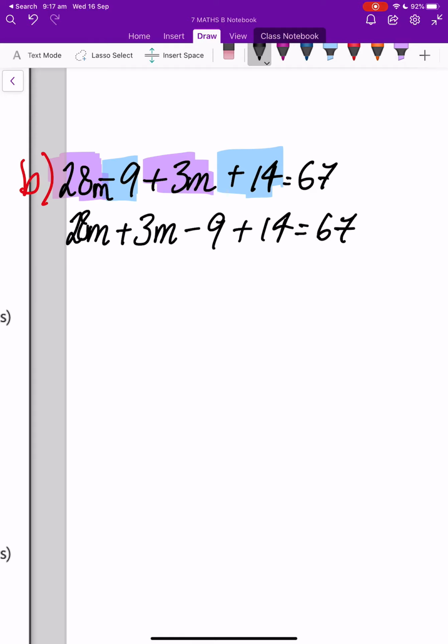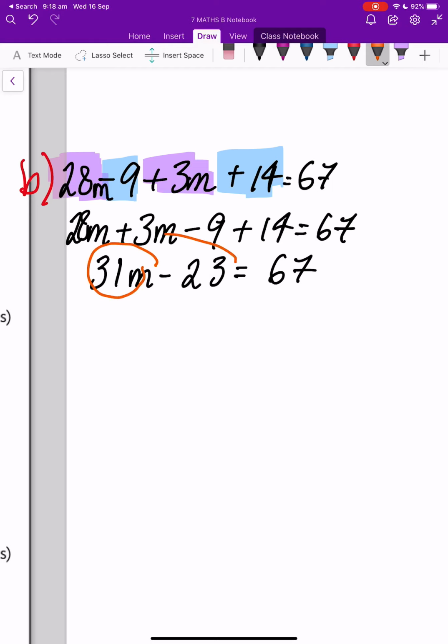28m and 3m give 31m. And then take away 9 plus 14, which is 23, equals 67. So now we have 31m take away 23 equals 67. Again, we've got an inside layer and an outside layer, like an onion. We're going to peel back those outside layers to get to the inside layer, which is m.